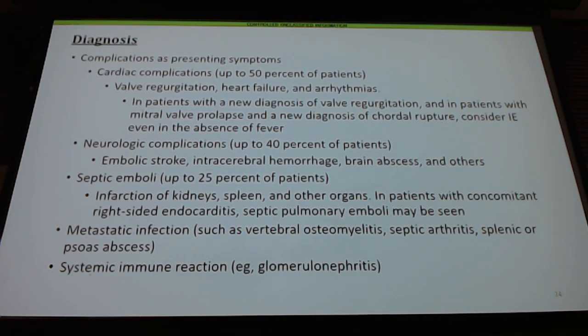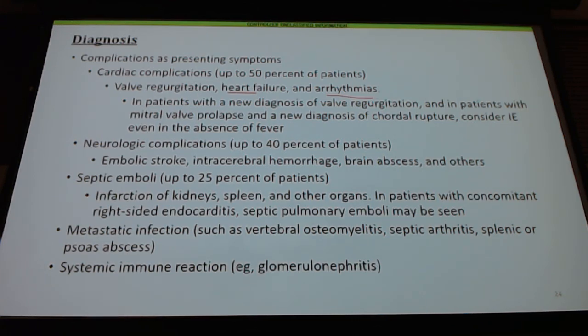So they may start coming in with cardiac conditions, like a new heart failure, or palpitations, or maybe sudden cardiac death because of a sudden development of an arrhythmia, because of that vegetation growing into the wall of the ventricular septum and disrupting the conduction system.